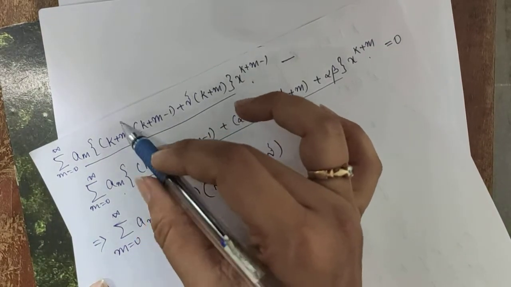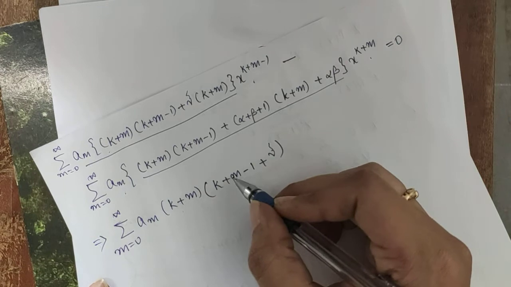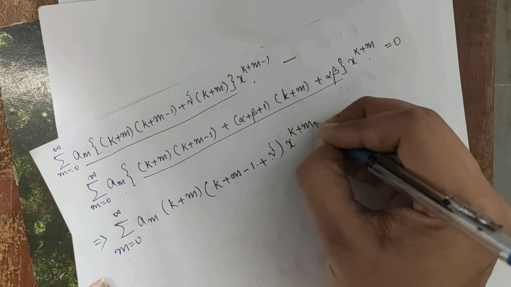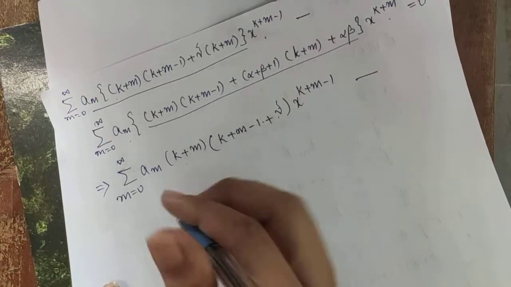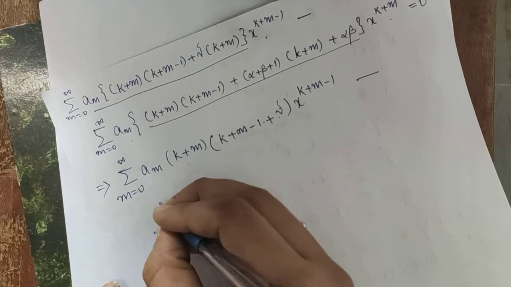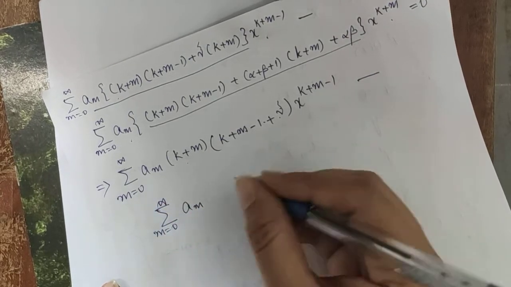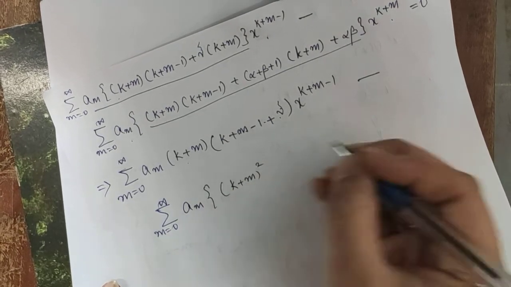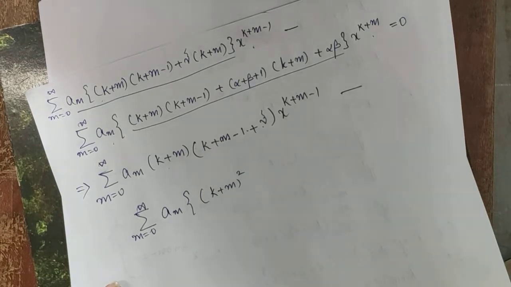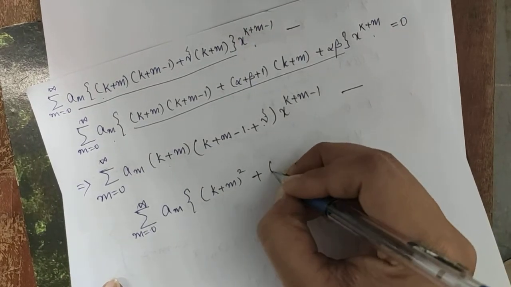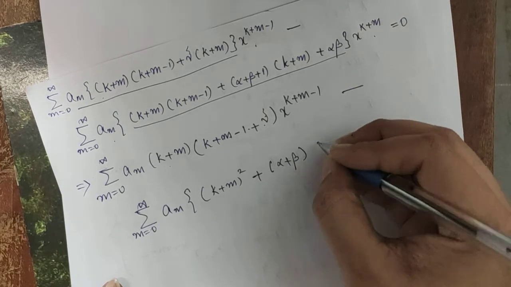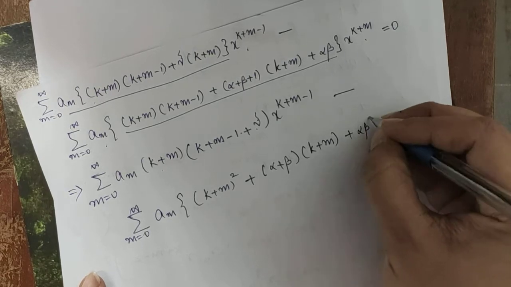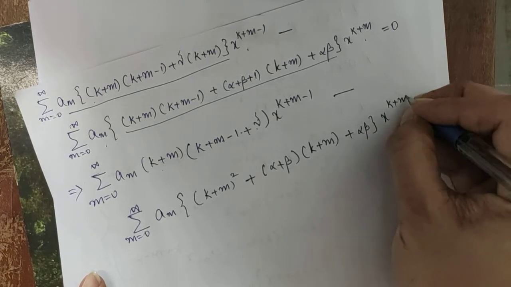From these two terms I am taking k plus m as common, so we are getting k plus m minus 1 plus gamma into x power k plus m minus 1, minus summation m is equal to 0 to infinity a_m into k plus m whole square plus alpha plus beta into k plus m plus alpha beta into x power k plus m.